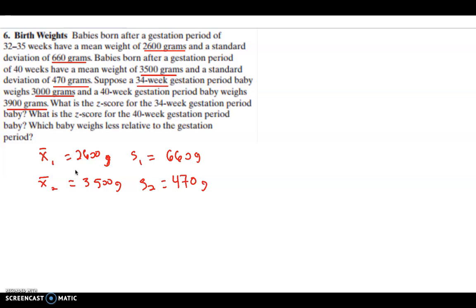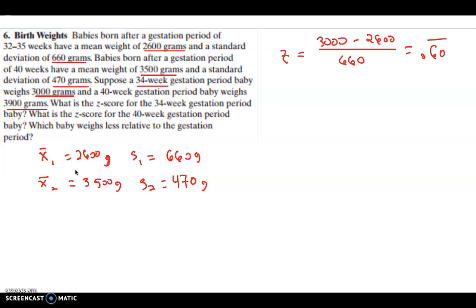So for the first baby, who weighed 3,000 grams and was a 34-week baby, we take 3,000, subtract the mean of that group, 2,600, and then divide by 660. When I calculate that out, I get 0.60 repeating. So it's about 0.6 standard deviations above the mean.